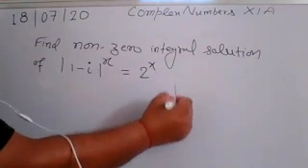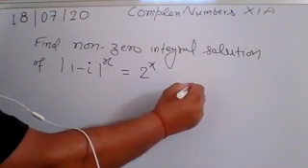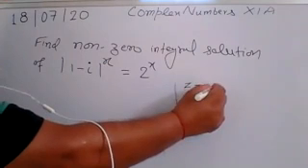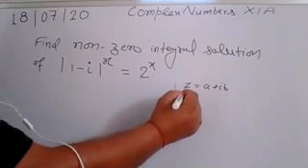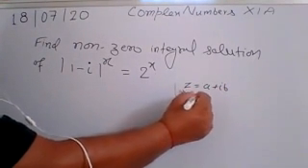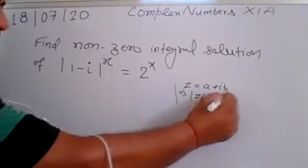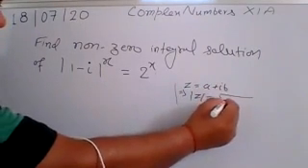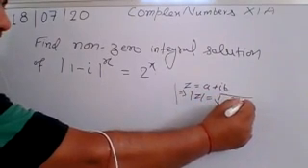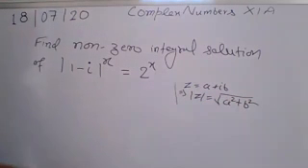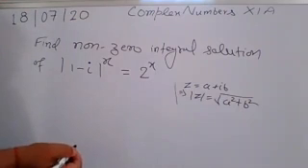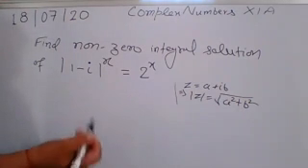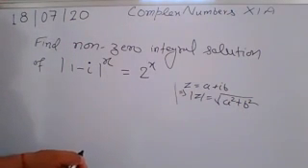You know this property. Suppose z is equal to a plus ib, then mod of z can be written as the square root of the square of the real part plus the square of the imaginary part, means under root a square plus b square. So in this way you can find the value of mod. Understand?